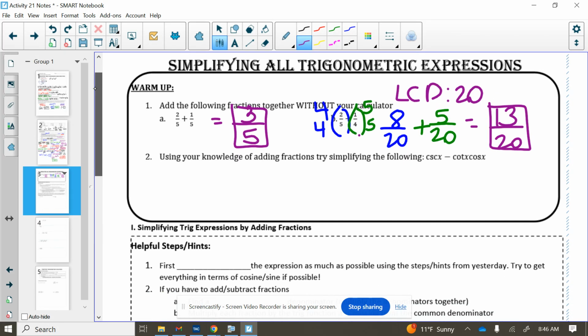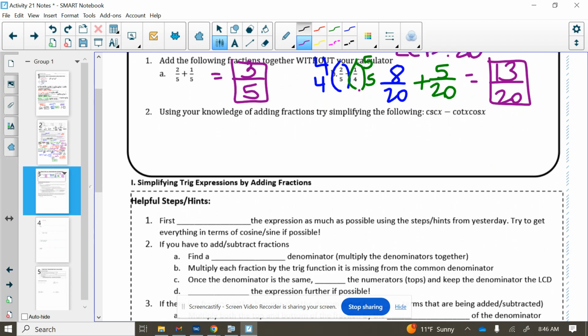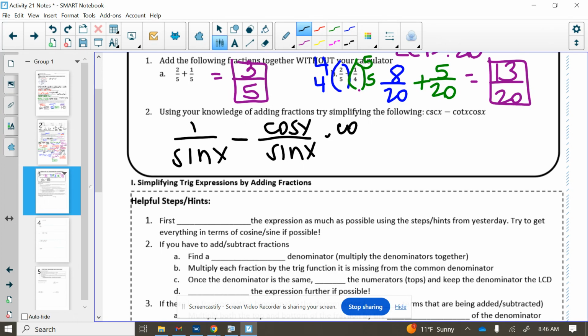Well, so this is going to kind of lead into what we are doing with our trig. So going back to what we talked about yesterday, if we turn cosecant into its reciprocal, cotangent becomes cosine over sine, and then we have cosine of x. Notice these have a common denominator, an LCD this time, of sine of x.